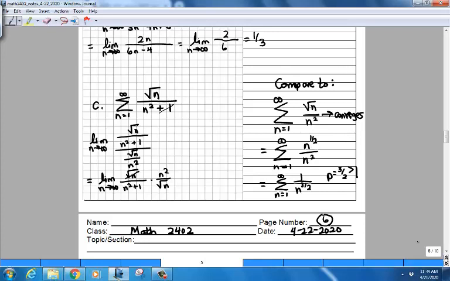But the square roots of n very nicely divide out, and we get the limit as n goes to infinity of just n squared over n squared plus 1. And again, you can apply L'Hopital's rule here to evaluate this limit. I think you'll have to apply L'Hopital's rule twice, and it comes out to be 1. So that's it. 1 is between 0 and infinity.